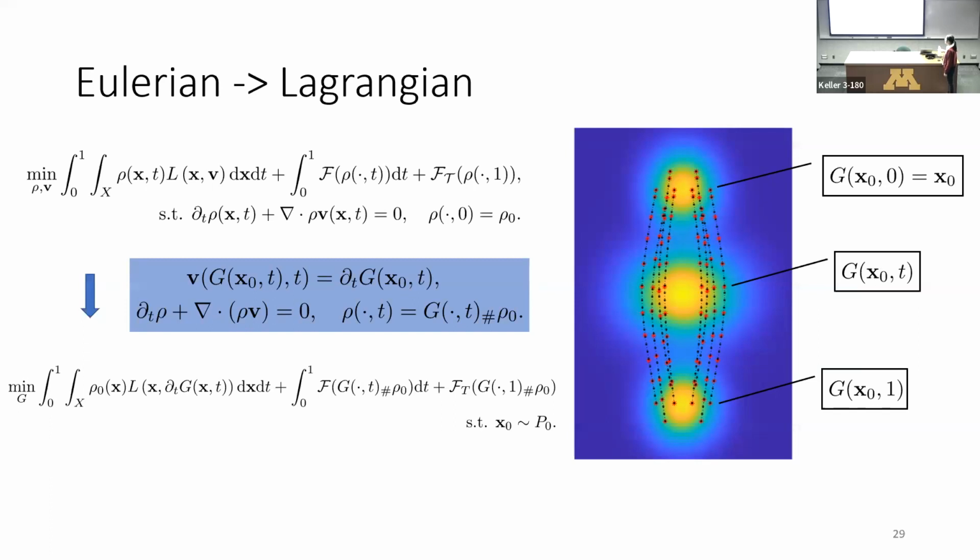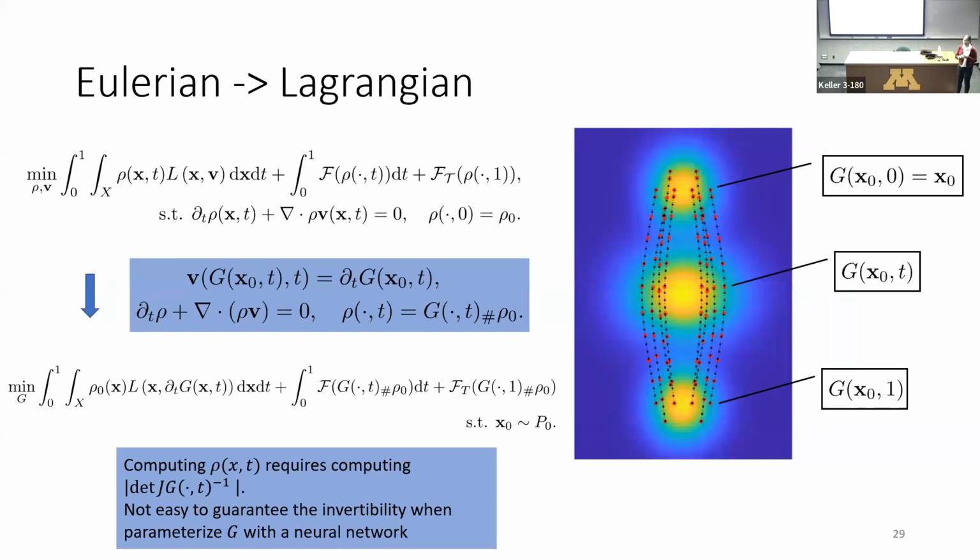Then by definition of push forward, the first term we can write in this way. So can we directly use a neural network to parameterize this G to solve this minimization problem?